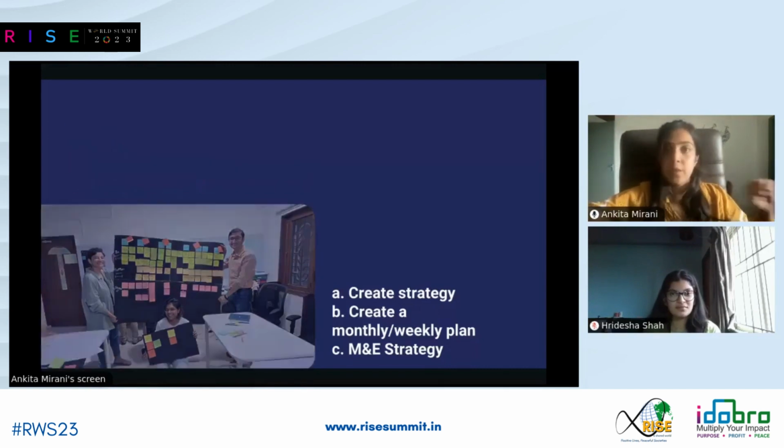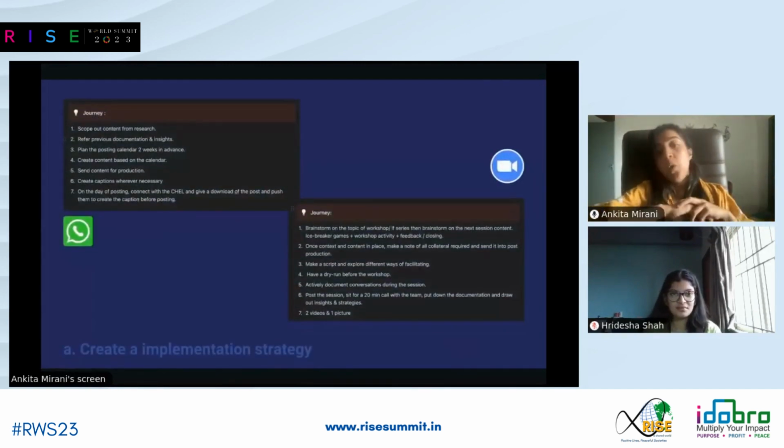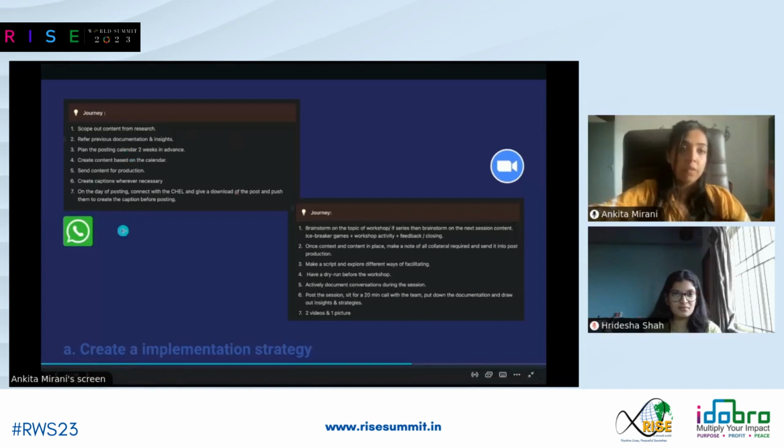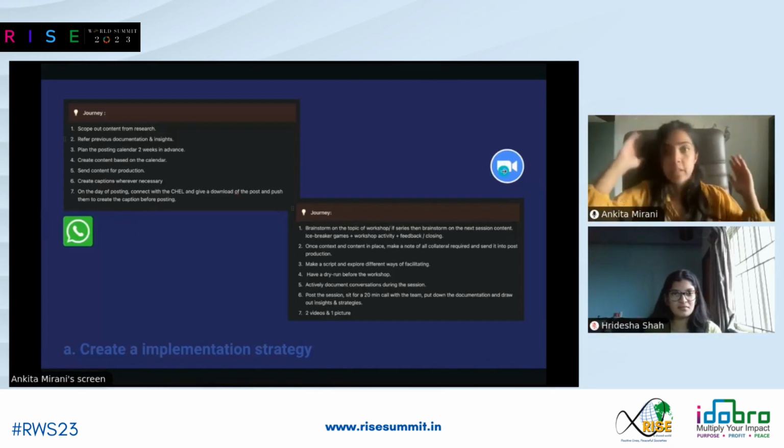So firstly, let's look at the first bit. When you talk about implementation strategy, what it really means is what your journey is going to look like. On the left, it's a very comprehensive version of how we approach WhatsApp. On the right, there's a very comprehensive view of how we approach Zoom. So in terms of WhatsApp, we started with, firstly, topics and content from research.